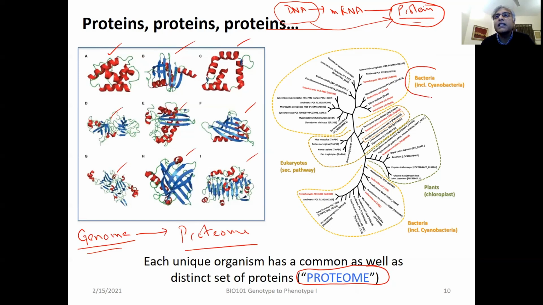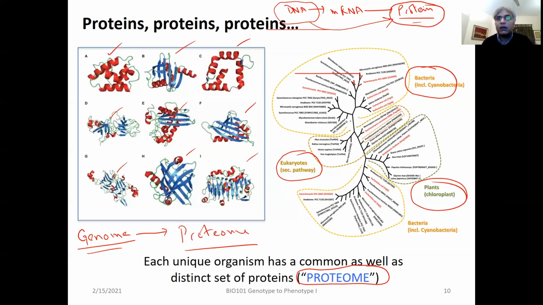For example, this branch of the tree is bacteria. This branch of the tree is eukaryotes. This is the tree of life, and these branches are telling which organism is how many million years apart in the process of evolution from each other, how much different we are.